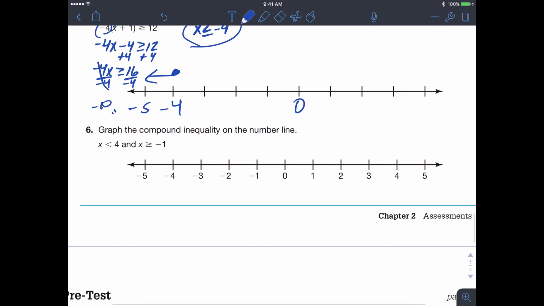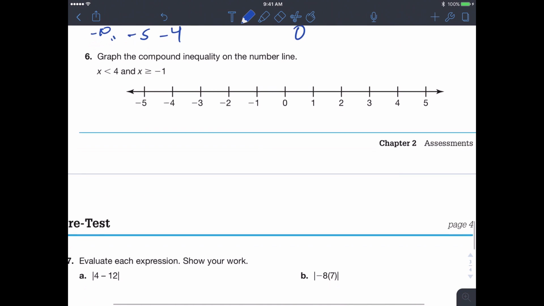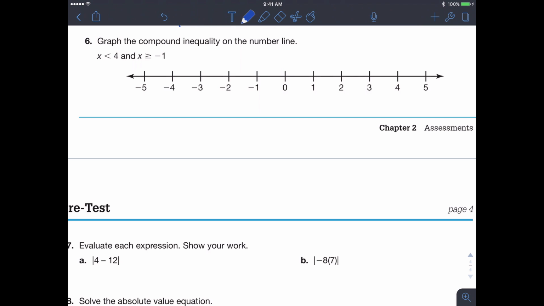Next one. Graph the compound inequality on the number line. So let's just do it. x less than or equal to 4, open or closed circle? Closed circle. And it says x is less than 4. So 3 is less than 4, 2 is less than 4, 1 is less than 4.